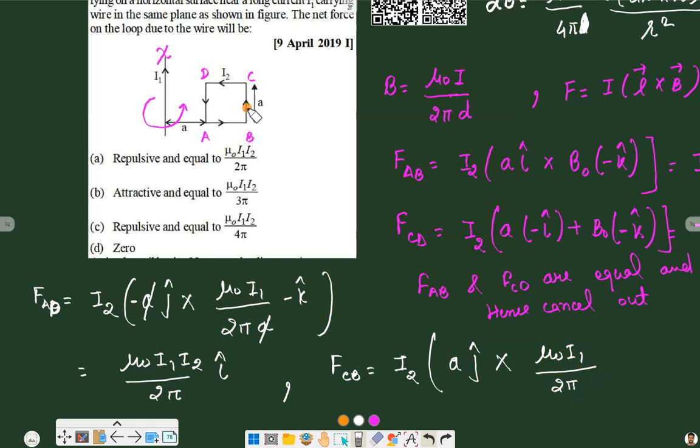Now distance, here we have a distance, and distance in this case is A plus A. The distance of conductor CB from the wire is A plus A, that is 2A. And here we have minus K.